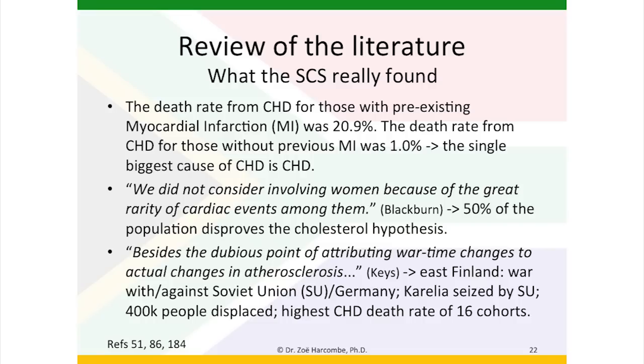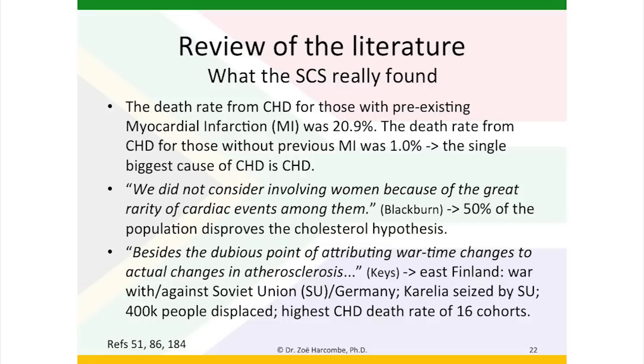And Keyes also was aware of the confounders of war in his 7-country study. So by starting the study in 1956, he was studying male survivors of war, and the regions that he'd studied in Europe, particularly Finland, where the death rates were particularly high. Finland was ravaged during the Second World War, and indeed East Finland had the highest death rate of all the cohorts. And East Finland notoriously had fought with Germany, against the Soviet Union.